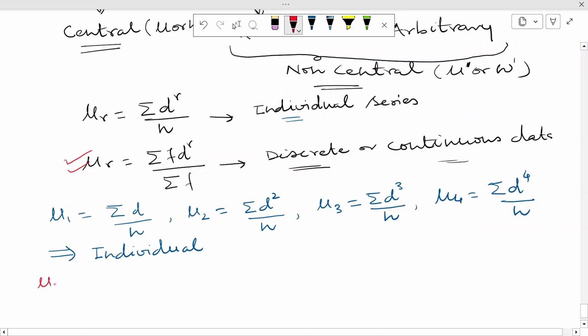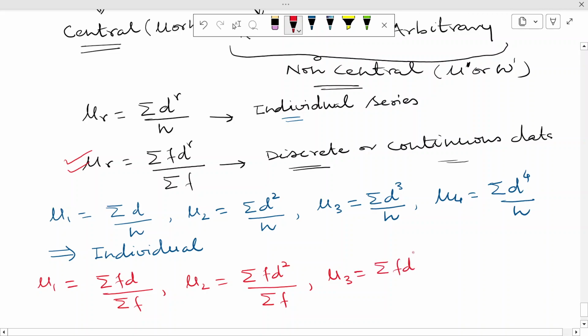So our formula will be, for mu1 we are having summation fd over summation f, mu2 will be summation fd square over summation f, mu3 is summation fd cube over summation f, and mu4 will be summation fd to the power 4 over summation f.